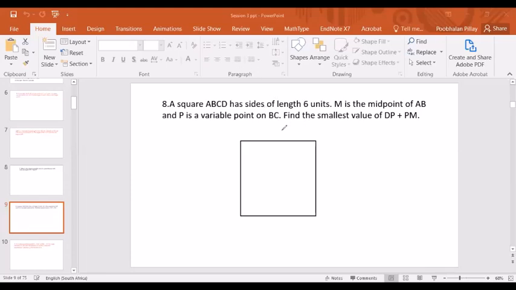All the sides are 6. M is the midpoint of AB. We'll put it here. So let's just call this AB.